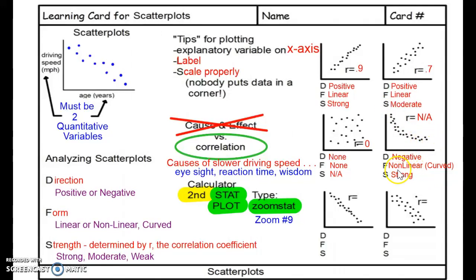Now, the last thing that I would look at is the strength. And usually when we look at the strength, we want to look at the correlation coefficient. But this correlation coefficient R is a linear correlation coefficient.